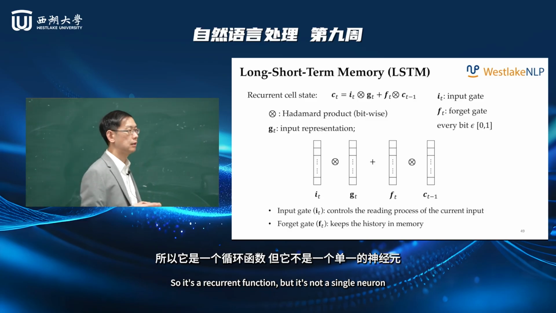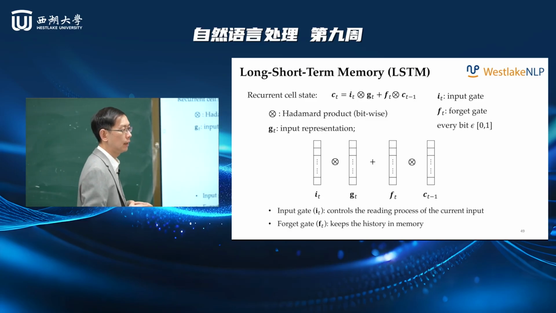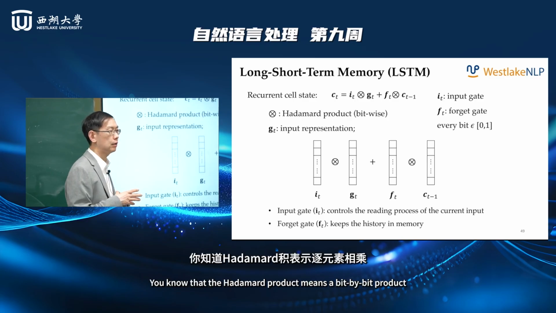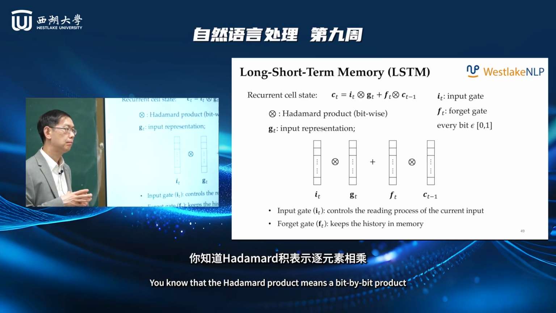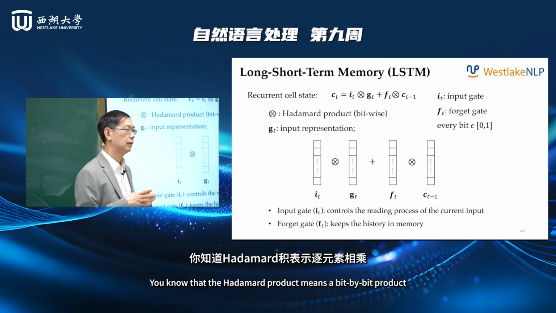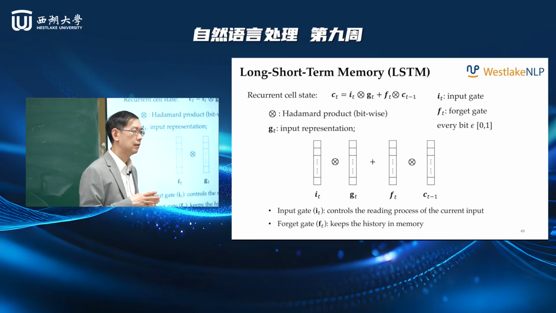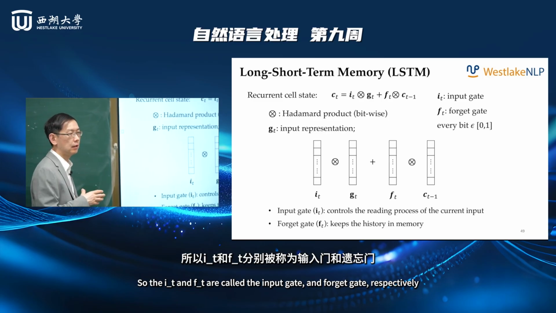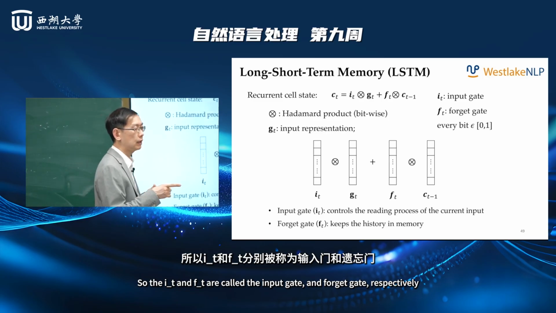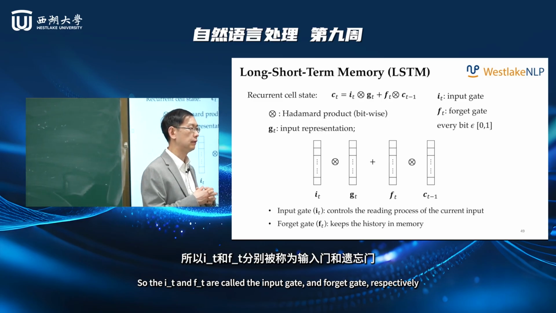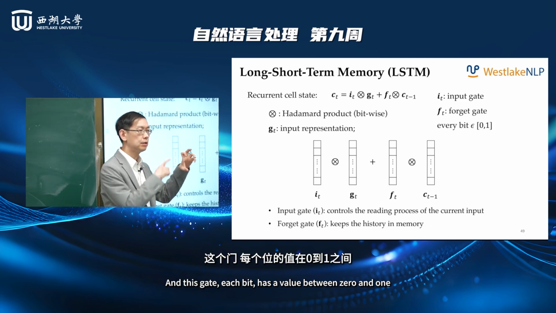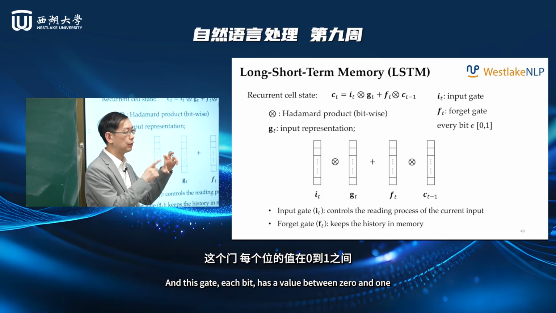But it's not a single neuron, okay? There are two Hadamard products. You know Hadamard product means bit by bit product, right? All right. So the IT and FT are called the input gate and forget gate, respectively. And these gates, each bit has a value between 0 and 1.